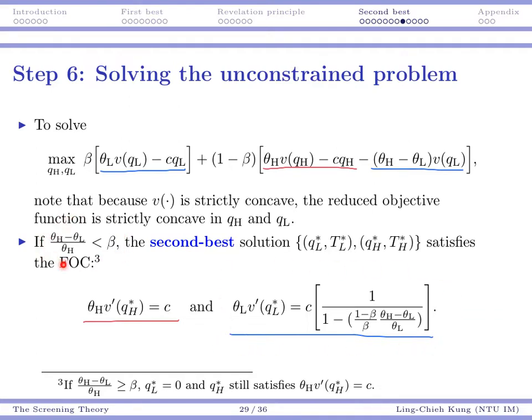This condition is for you to have a positive denominator here. If your denominator is negative, then that means your quantity should be negative, which is impossible. Okay, so we have a condition here. If this condition is violated like this, then your QL will be modified to the minimum level, which is 0.